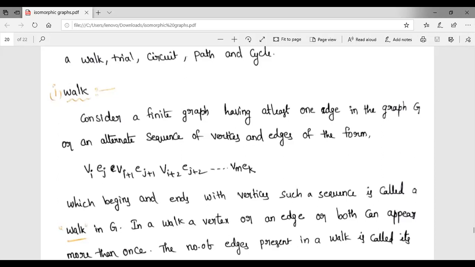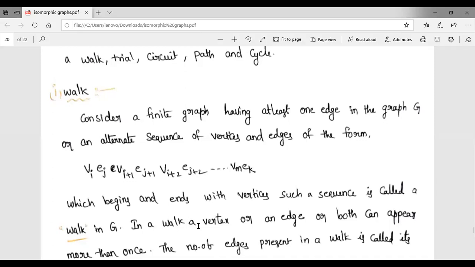A graph with one vertex is also a finite graph, so that is why it is specified here. In the graph G, an alternate sequence of vertices and edges of the form Vi, Ej, Vi plus 1, Ej plus 1, Vi plus 2, Ej plus 2, and so on up to Vm, Ek, which begins and ends with a vertex, is called a walk in G.